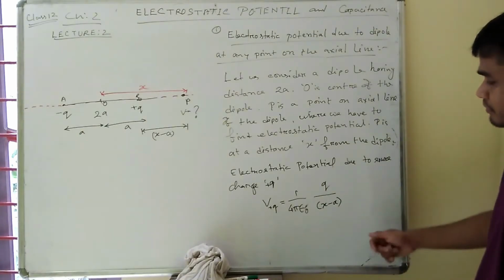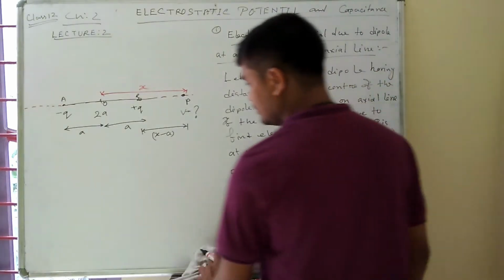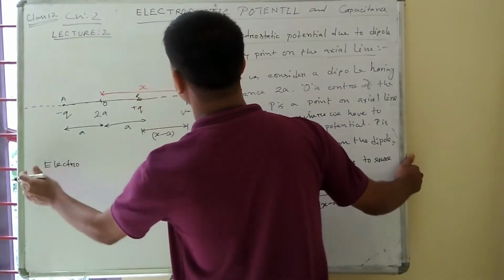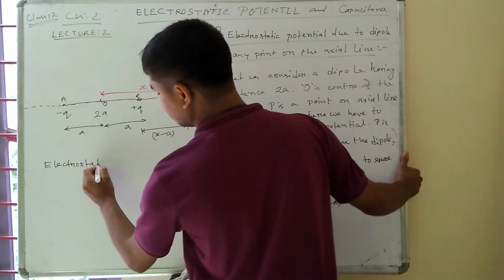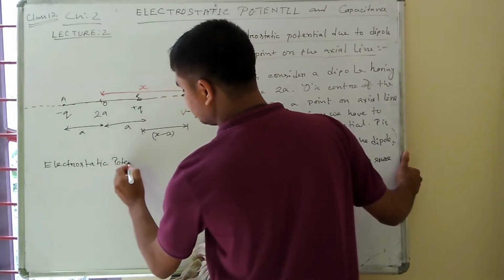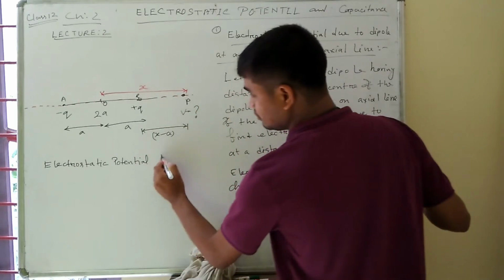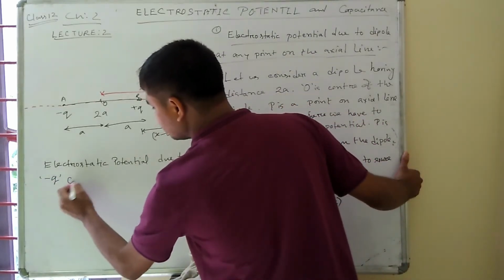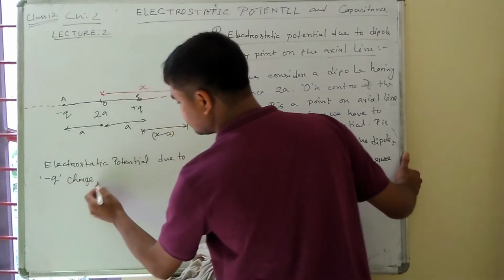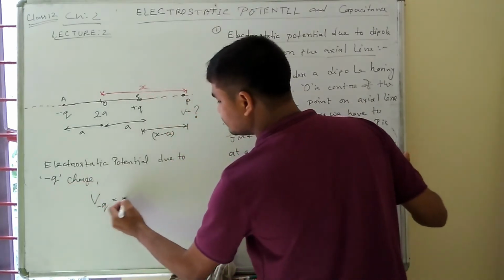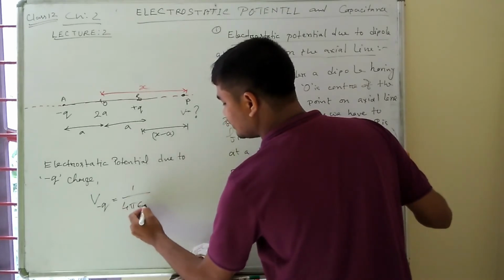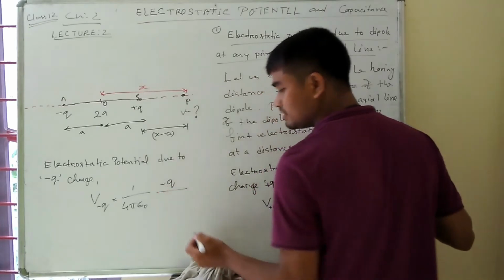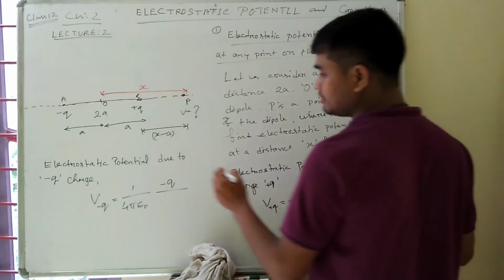Next, the electrostatic potential due to minus Q charge: V minus Q is equal to 1 by 4 pi epsilon naught, Q by the distance.